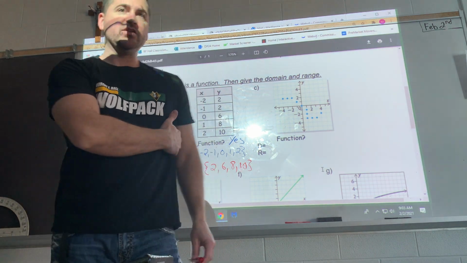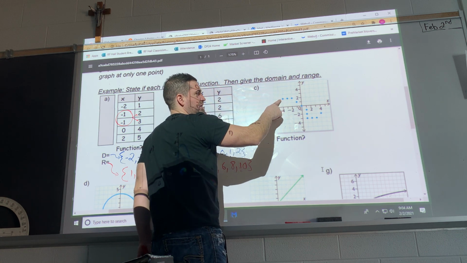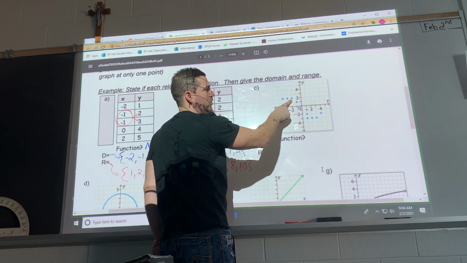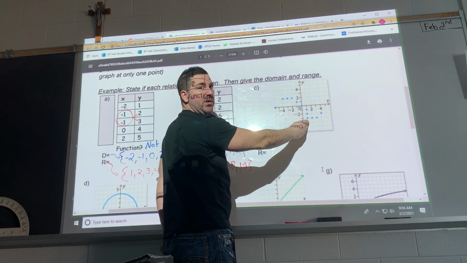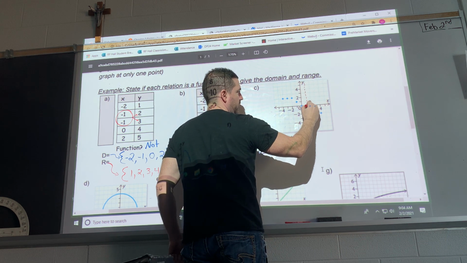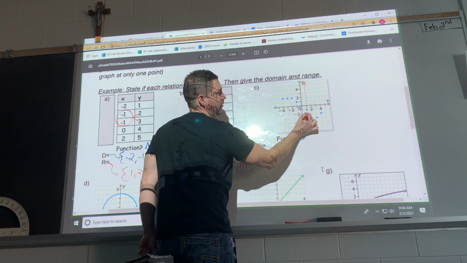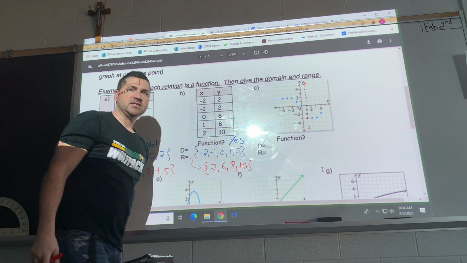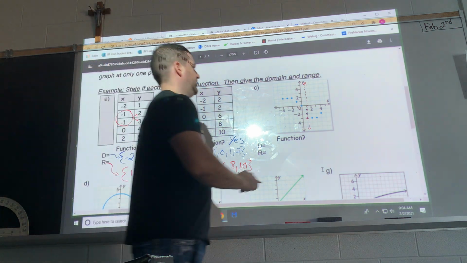If I draw a vertical line through here it only touches once, once here, once here, once here. But once I get to where x is positive 1, if I draw a vertical line through here, it touches 3 points. Since it touches more than 1 point, it is not a function.